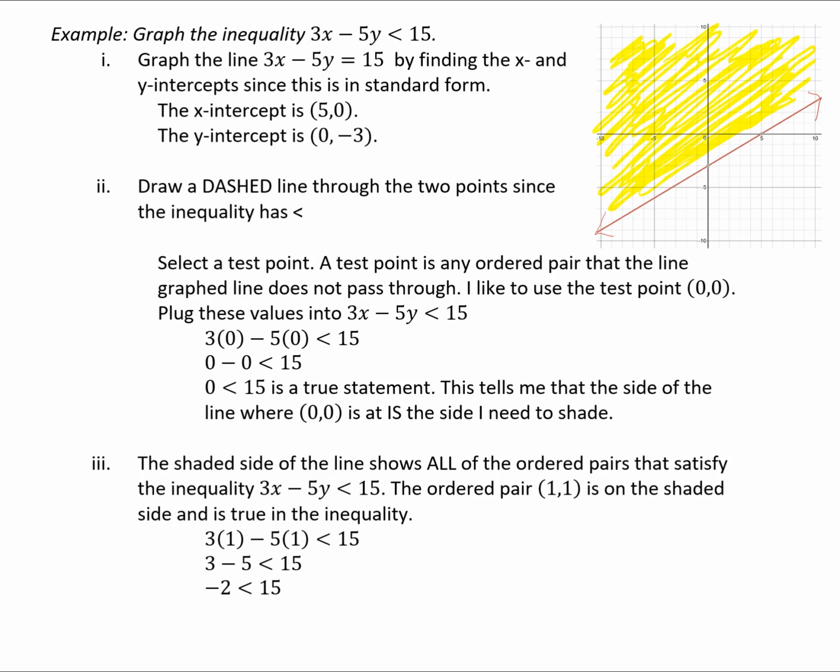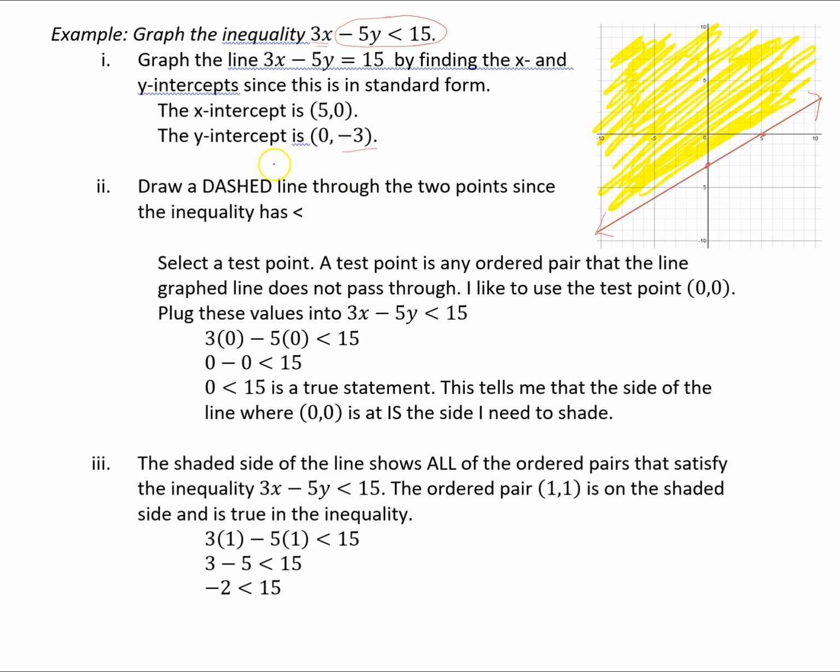To find the x-intercept, I can take 3x, set it equal to 15, and find out that x equals 5. So my x-intercept is 5. Similarly, I can take the negative 5y and set it equal to 15, solve for y, and get negative 3 for a y-intercept. I come over to my graph, I plot the x-intercept of 5, I plot the y-intercept of negative 3.